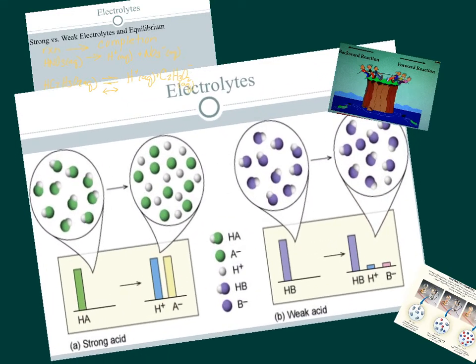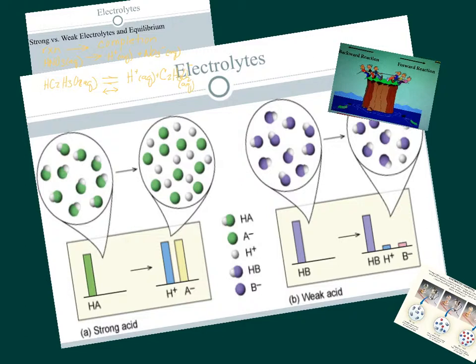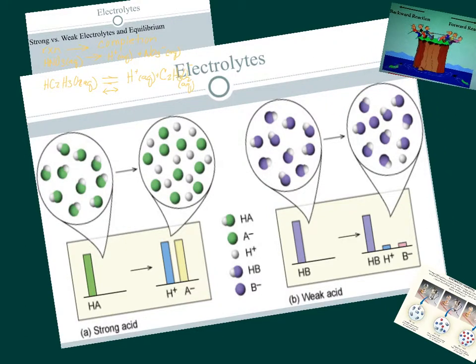Alright, and here is an example of what I was talking about. Here you have a strong acid, and you can see that it completely dissociates. And here you have a weak acid, and they're using just the A minus and the B minus as a generic anion.